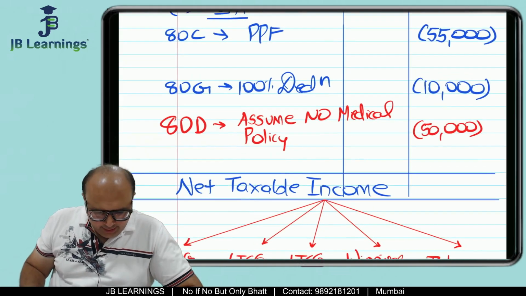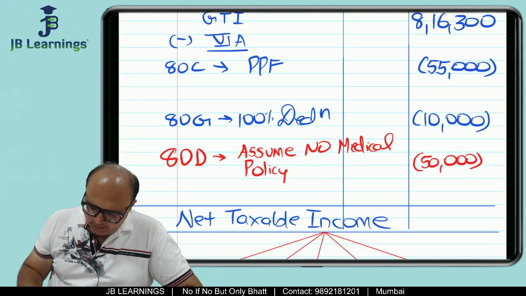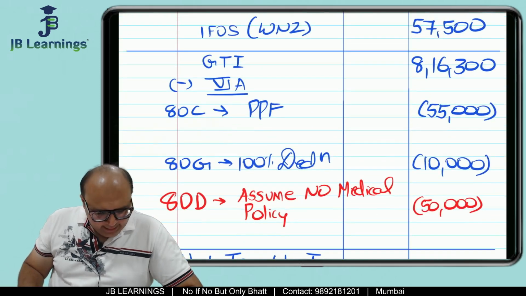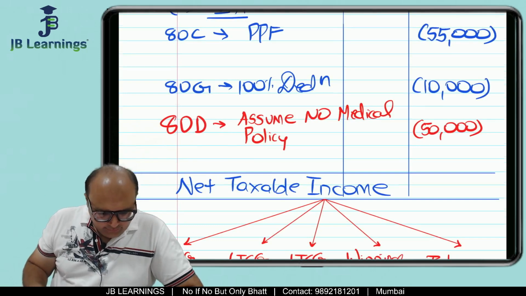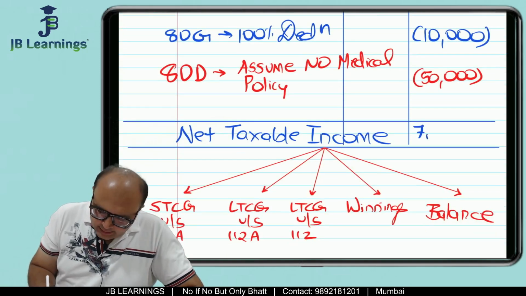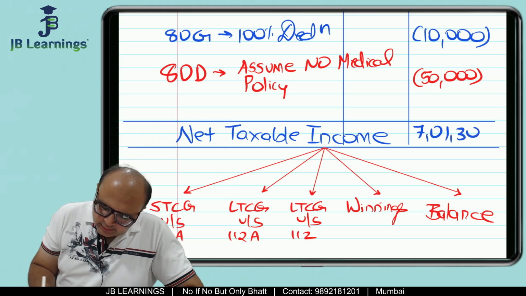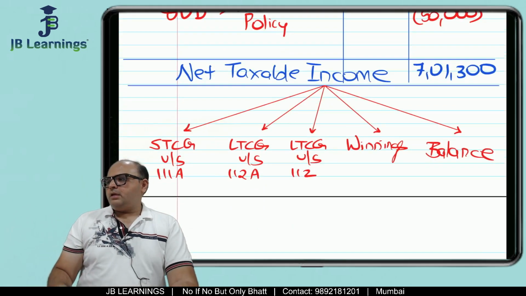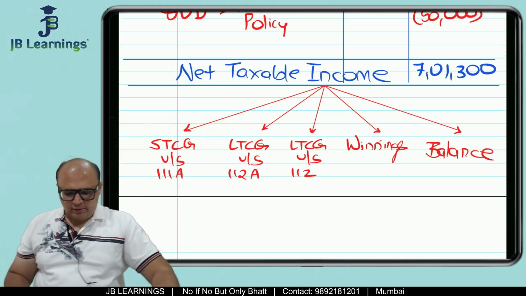So this way you get a reduction of 50, 55 and 10, correct? And your final answer comes to 7,01,300. See, this is our answer, 7,01,300.